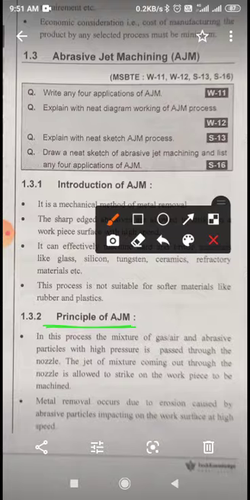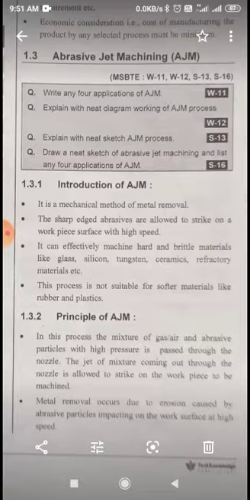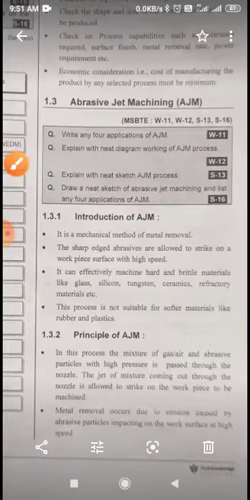In this process, any gas or air is mixed with the abrasives, and it is allowed to fall on the workpiece surface with very high speed. Then by erosion action, the workpiece surface is machined.